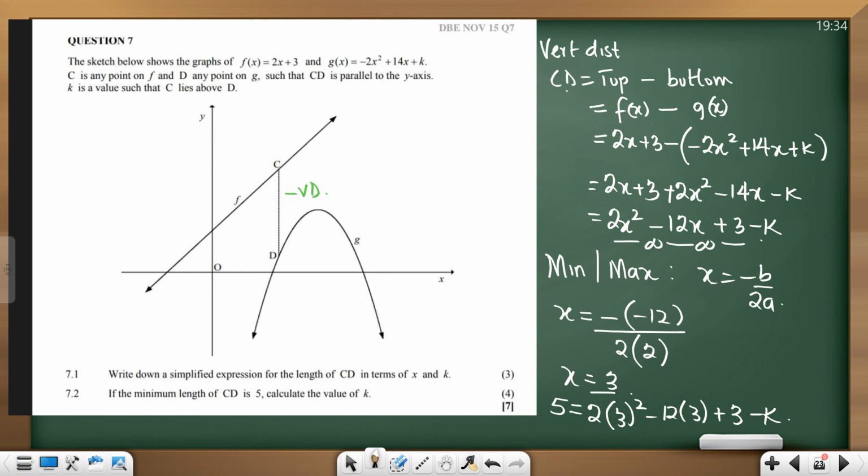Do you see that we're using almost the same concept of vertical distance and horizontal distance that this question just came from? Guys, please get me k quickly there. Type your answers in.